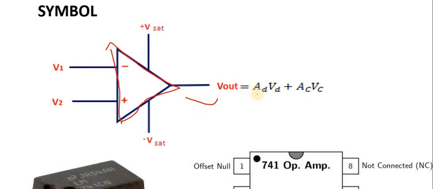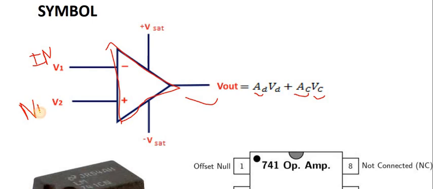Output is equal to AD into VD plus AC into VC. AD is the differential gain, VD is the differential voltage, AC is the common mode gain and VC is the common mode voltage. Now these two input terminals are called inverting and non-inverting.